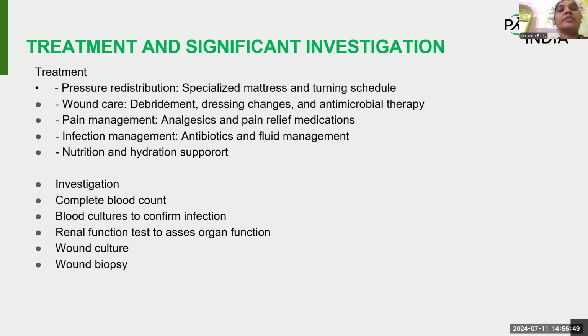On treatment and significant investigation: pressure redistribution, specialized mattress and turning schedule, wound care, debridement, dressing changes, and antimicrobial therapy, pain management, analgesics and pain relief medications, infection management, antibiotics and fluid management, nutrition and hydration support. On investigation: complete CBC count, blood culture to confirm infection, renal function test to assess organ function, wound culture and wound biopsy.